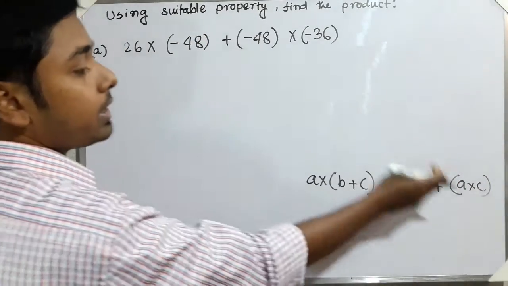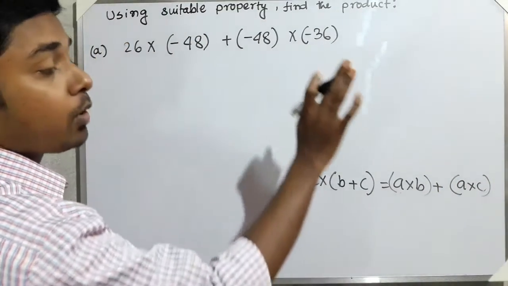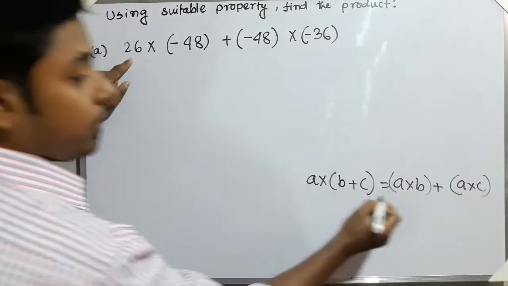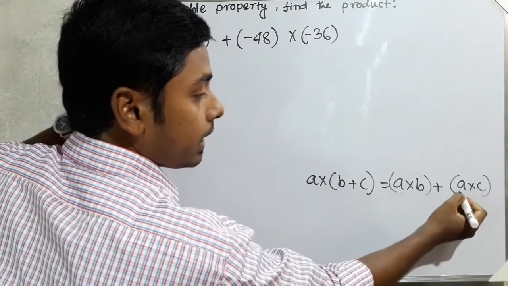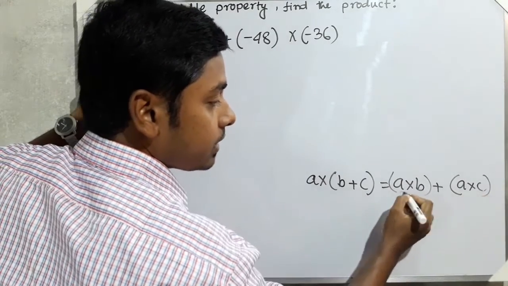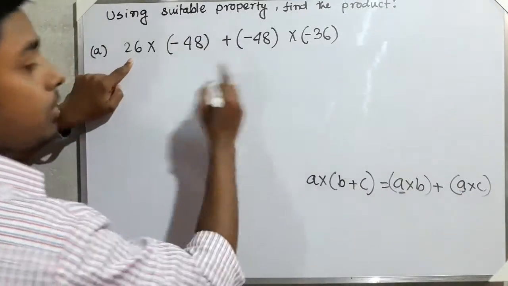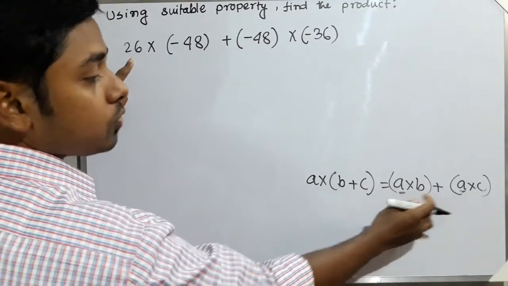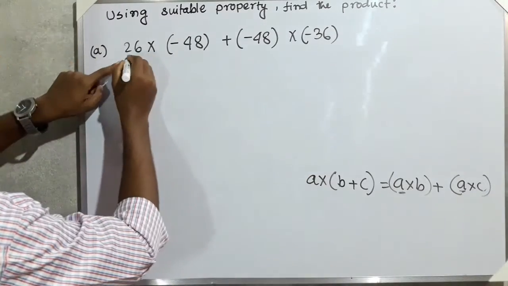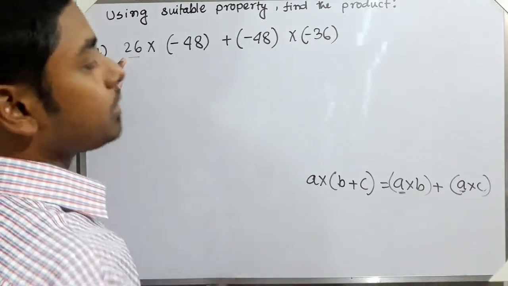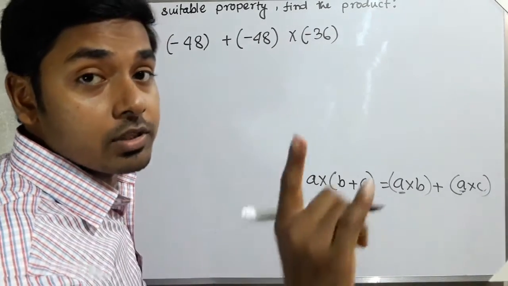You are given the right hand side here, but not properly, because in A into B plus A into C, the first number should be the same in both terms. Here the first numbers are 26 and minus 48, so these are not the same.